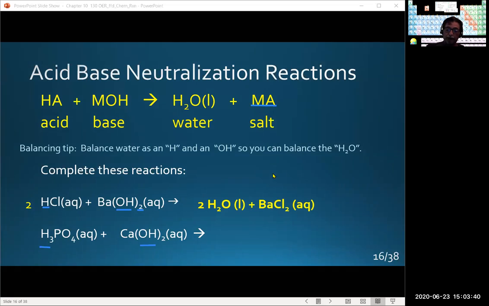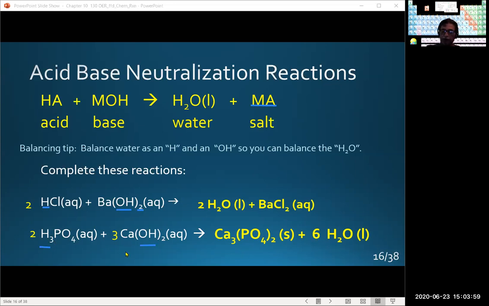And my protons are balanced out. Okay? Which means that I'm going to make 6 waters. Am I not? I got 6 hydroxides, 6 protons. I'm going to make 6 waters.